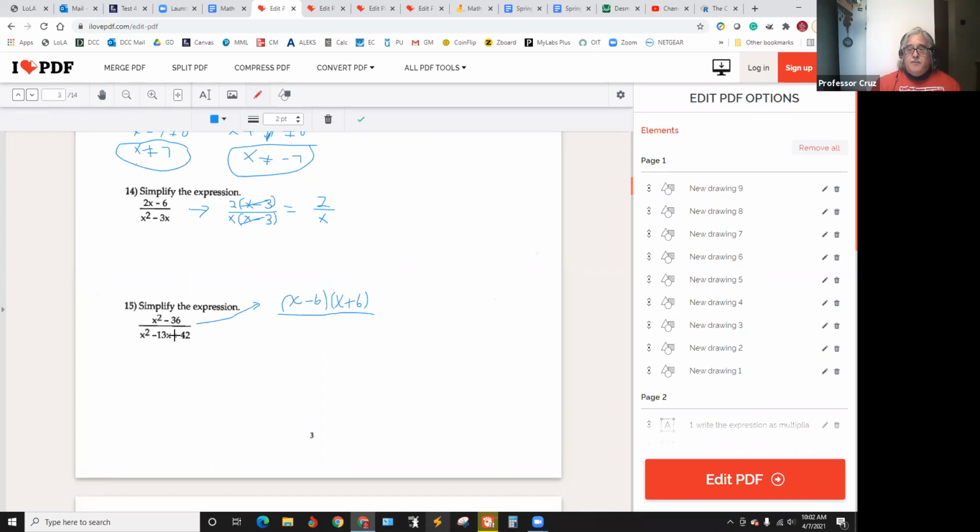Since this is positive, that means they both got to be the same sign. And this is negative, so that means we're going to use the negative one. So negative 6 goes into positive 42 negative 7 times. All right, so there's the one factor, and the other factor is the x minus.